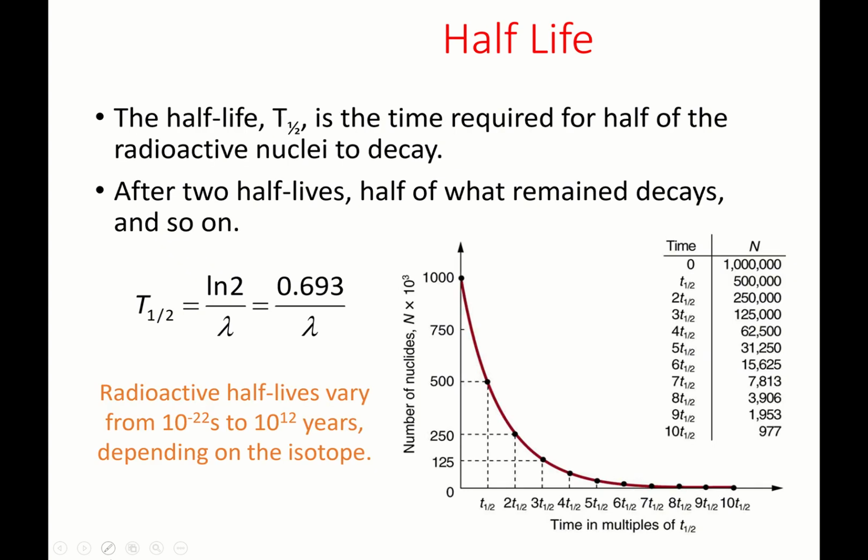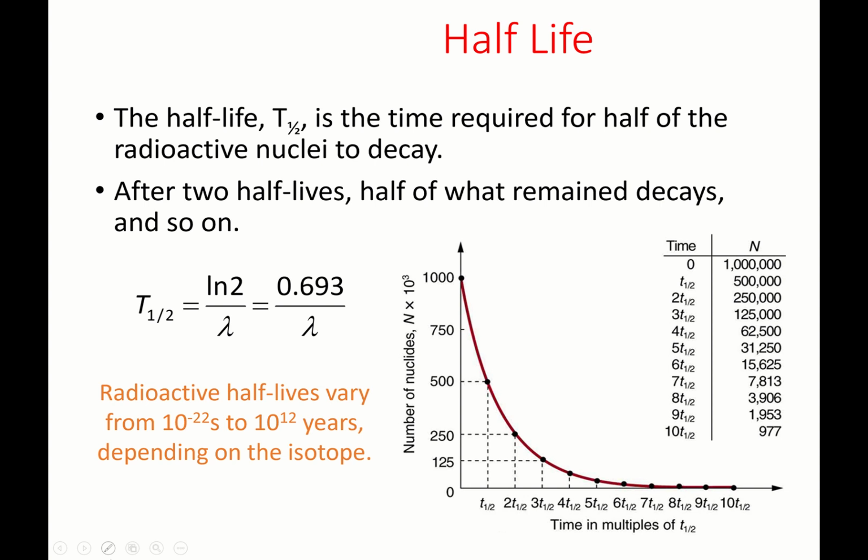So as things decay, you have fewer and fewer radioactive nuclei in your material. If you look at the number of radioactive nuclei as a function of time, you can see it decreases exponentially, of course, because it's an exponential function. And the time that it requires to lose half of the radioactive nuclei is what we call the half-life.